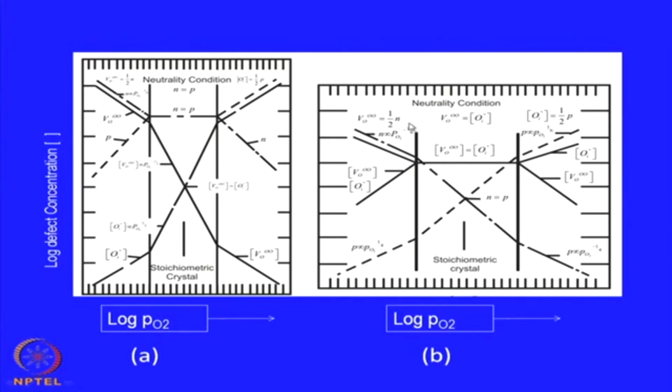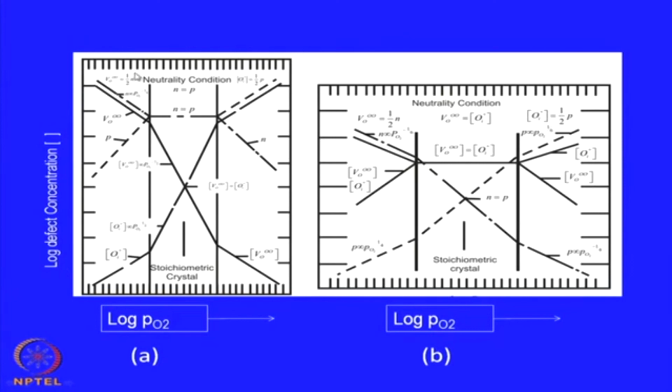There are other oxides which are normally hole type conductors. So, they will be falling in this range, and there will be another category of oxides which are normally or mostly negative or electronic conductors, they will fall in this category.